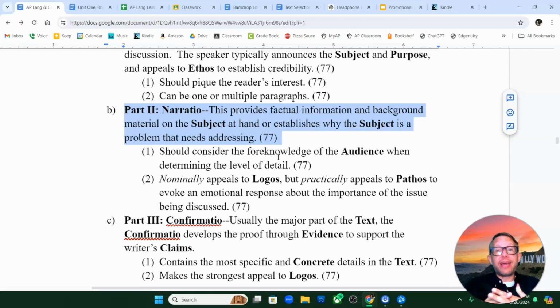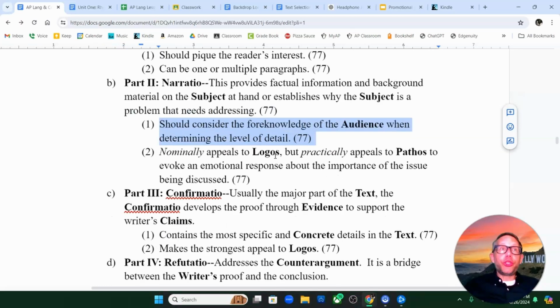Remember, if you're finding the right kairos, now has to be the right moment for you to present this information to us. And that means that we need to know why it is and how it is and so forth. So one of the things you want to keep in mind about that is, of course, your audience is going to have a certain level of foreknowledge. What do they know? What don't they know? Every audience is going to be a little bit different.